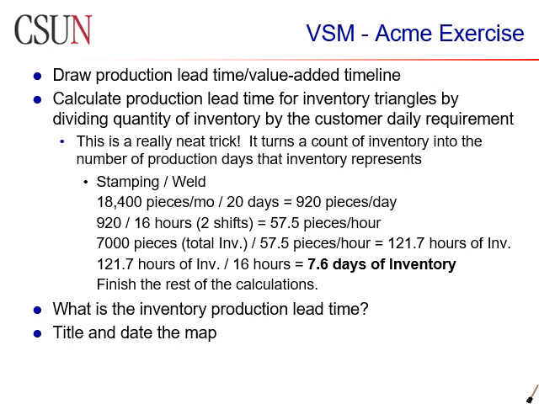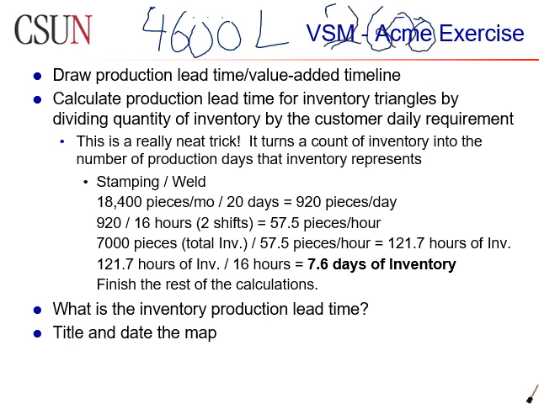Between process number 1 and process number 2, we have 4,600 from L and 2,400 product from R, or vice versa. I don't actually recall. So by this we mean that we have a total of 7,000 items stored.